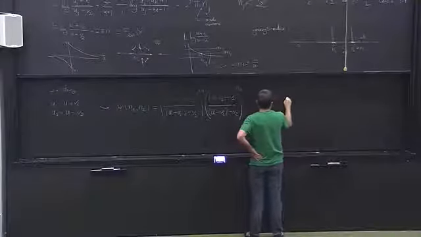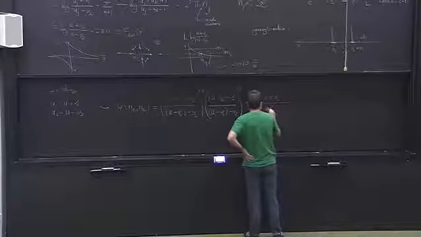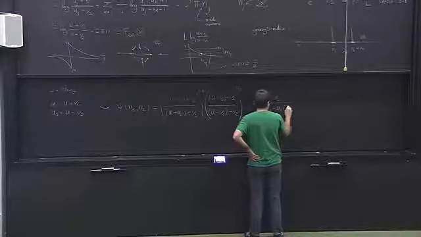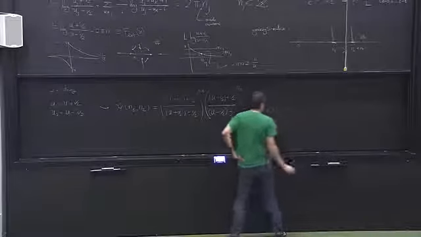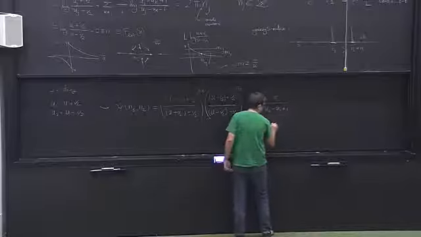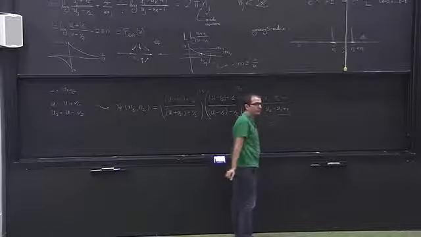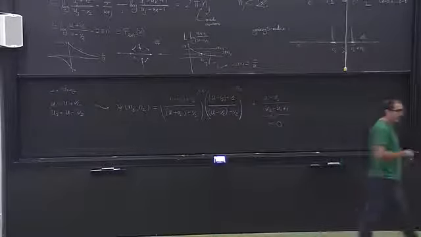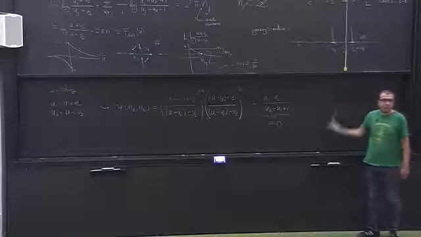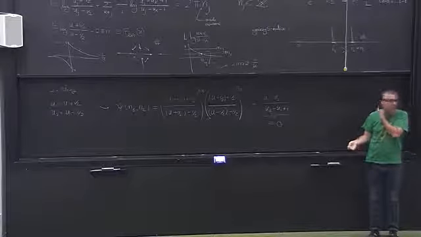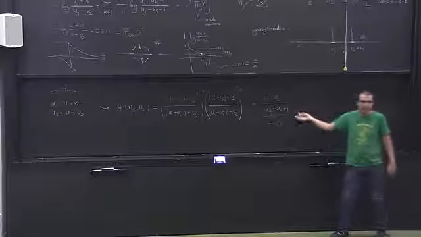U1 minus U2 minus i over U2 minus U1 plus i, times some factors of momentum. But I'm not going to bother writing them down because we see that this term is equal to 0. We are at the 0 of the S matrix. In fact, that's what we imposed. We said we need to go to a 0 of the S matrix such that things work. So it means that we killed one of the terms of our S matrix. We went to the 0 of the S matrix, or if we have normalized the S matrix differently, to the pole of the S matrix.